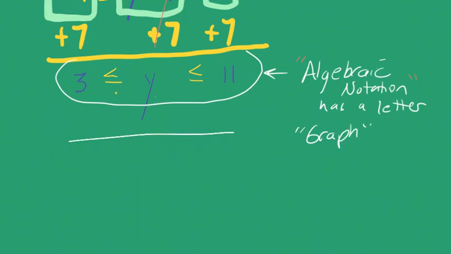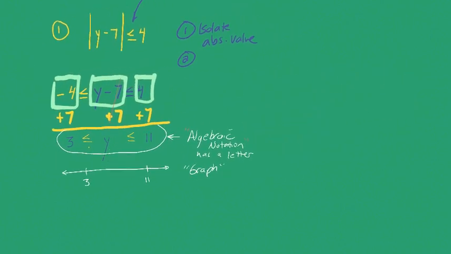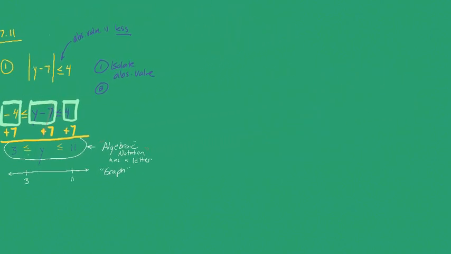A graph just looks like a number line. Significant numbers on there are 3 and 11, and something you might put at the top of your notes: anytime you have the inequality symbols with the line on the bottom, we're going to use a bracket on the graph.